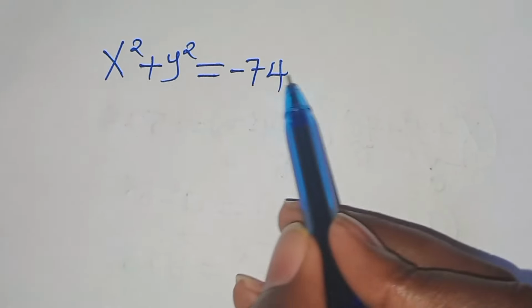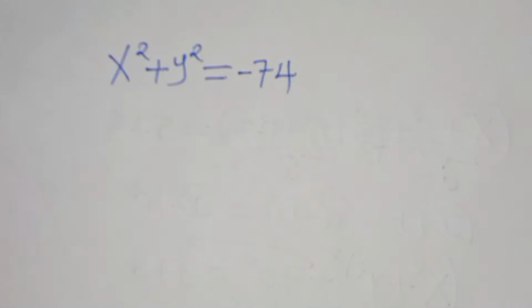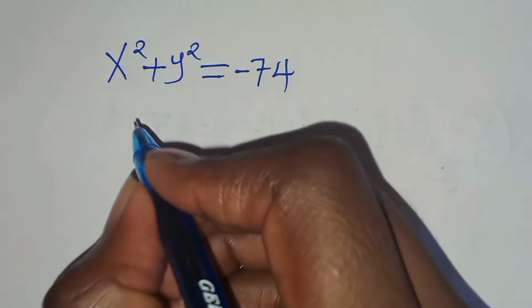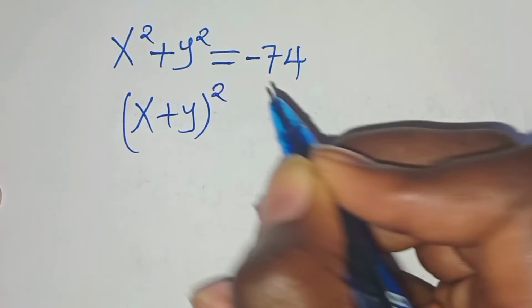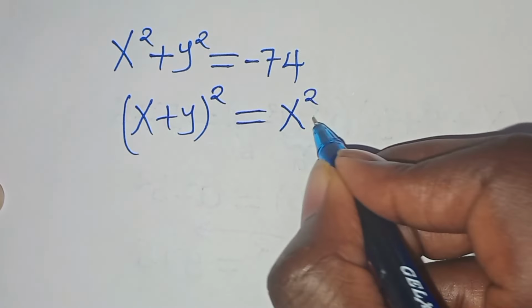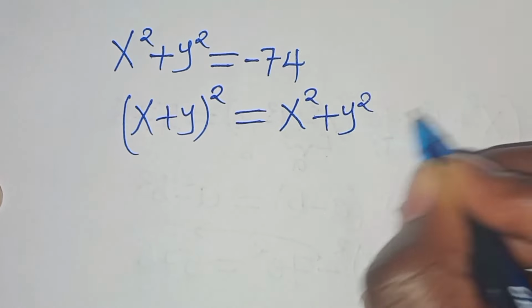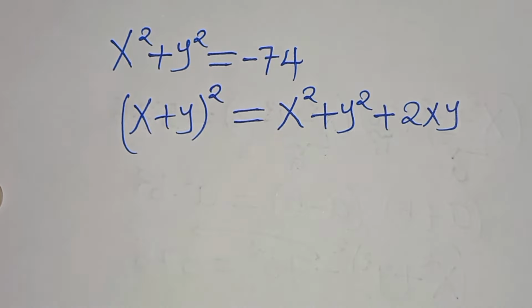Now on the second part here, we have x squared plus y squared equal to minus 74. And given that (x plus y) raised to the power of 2 is the same thing as x squared plus y squared, then plus 2xy.